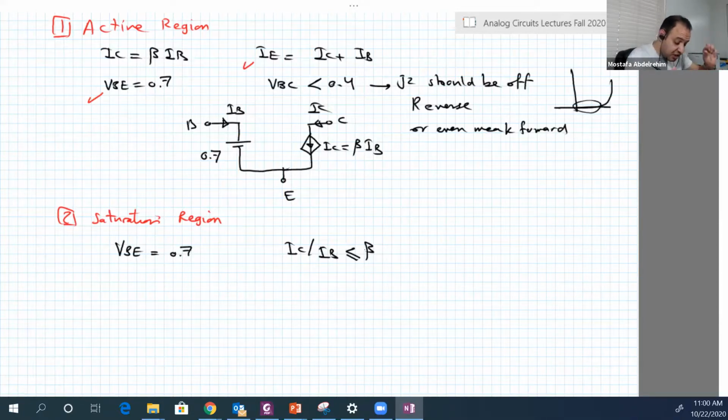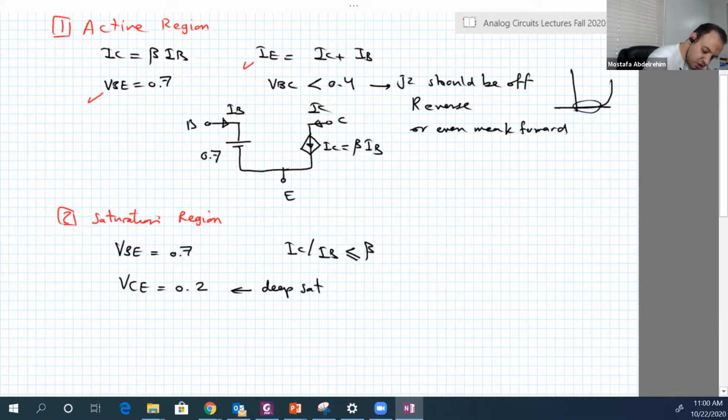If it's equal, this means you are on the edge, just between active and saturation. VCE equal to 0.2 is called deep saturation.